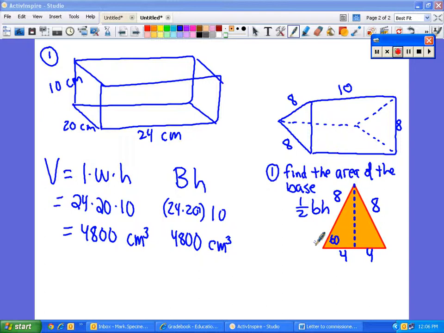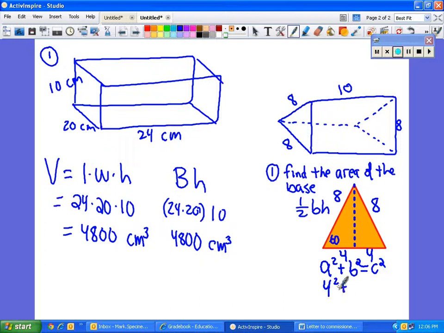Now remember, I taught this to a student while I'm tutoring. When you're using the Pythagorean theorem, if you're looking for the hypotenuse, you add. If you're looking for one of the legs, you subtract. So we use A squared plus B squared equals C squared. One of my sides is 4 squared.